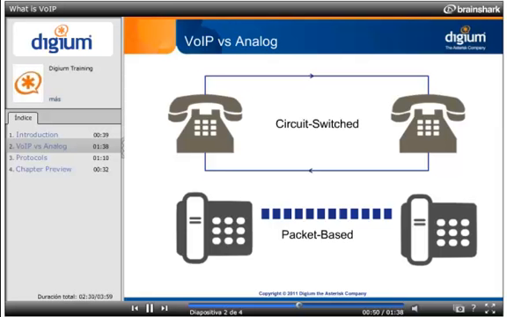In IP telephony, there is no dedicated circuit between endpoints, and the connection is described as packet-based rather than circuit-switched. Like with any service using an IP transport layer, information is encapsulated in individual packets that are labeled with their destination. The IP network handles the job of routing those packets one by one from the source to the destination.